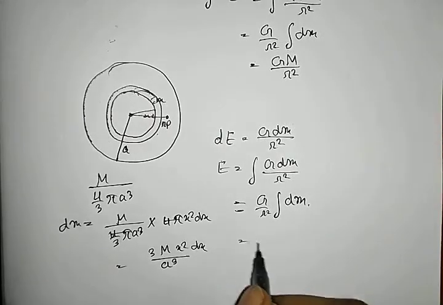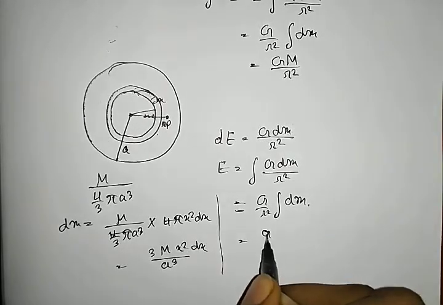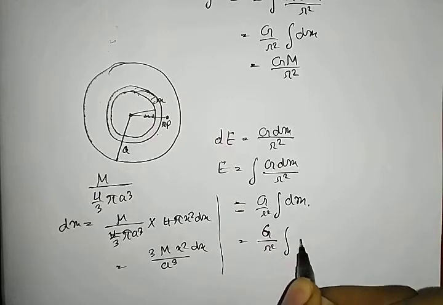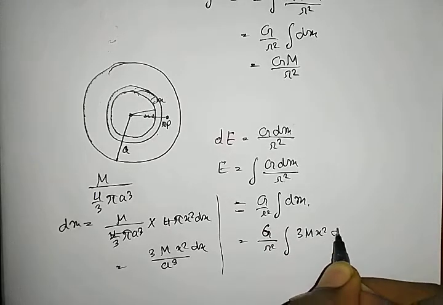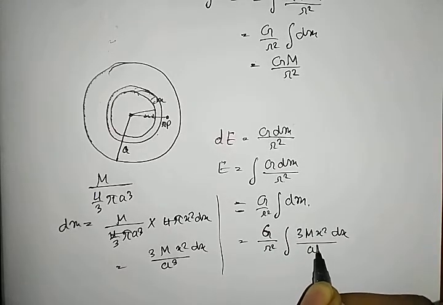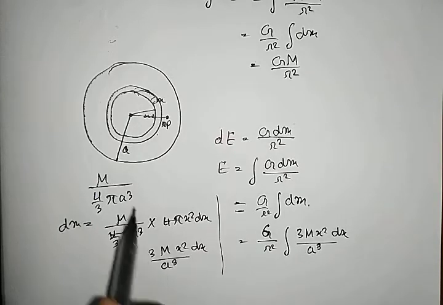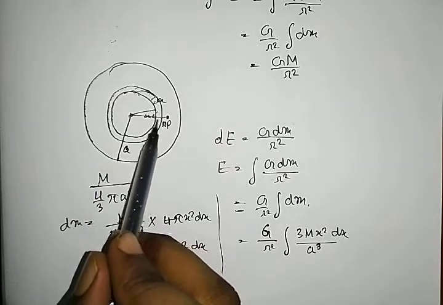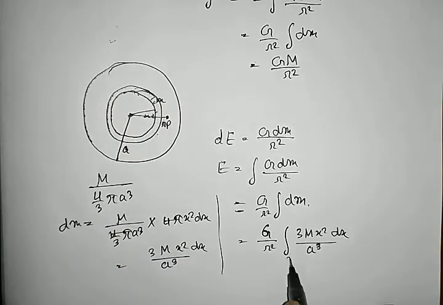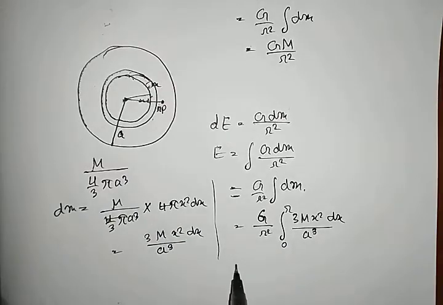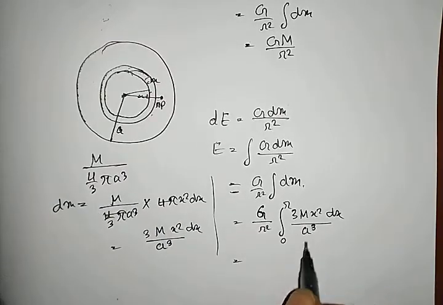So I'll take the integral here, G by r squared, 3m x squared dx by a cubed, and the integral will be from 0 to r, that is the distance of the point P. So we'll take this 3m by a cubed outside.